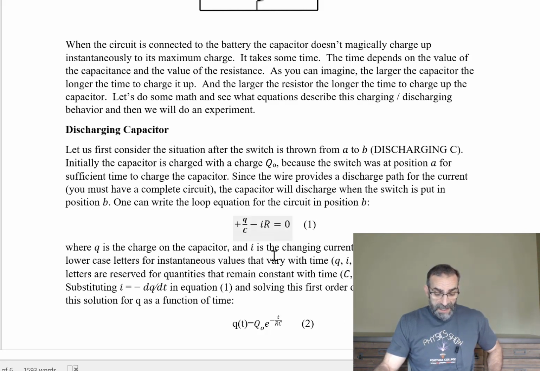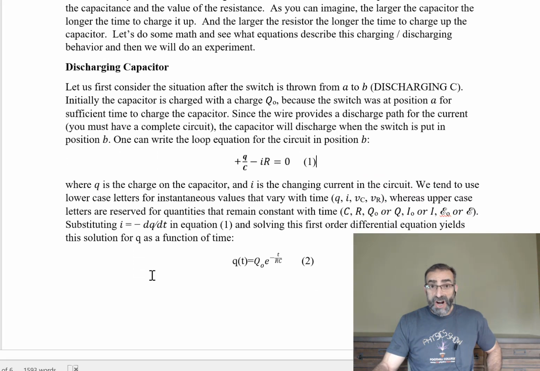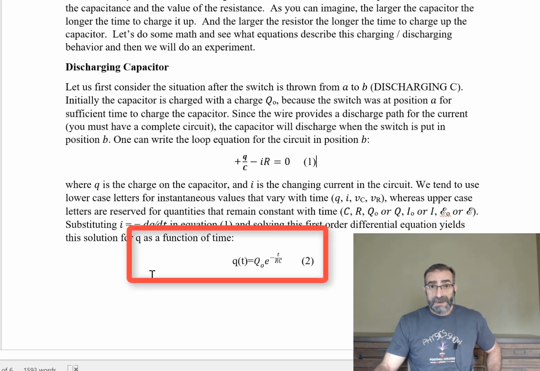So if we put that in there, this becomes a differential equation, and we can solve for Q. When you do the math and solve the differential equation, you get the charge on the capacitor as a function of time is this equation 2 here. It's an exponential: e to the minus t over RC.